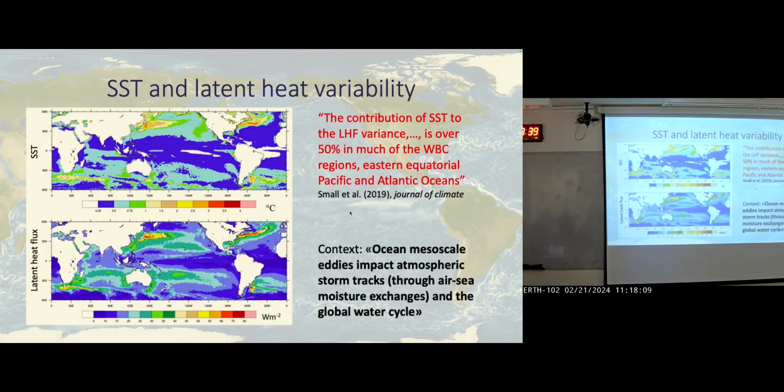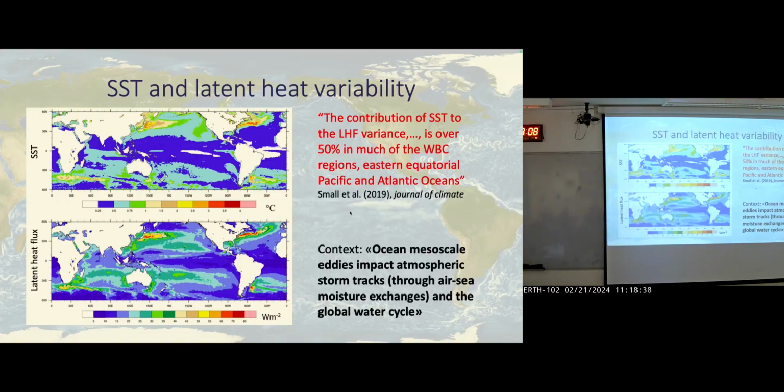In this context, I'm showing here the sea surface temperature variability, just month-to-month variability, the standard deviation of the monthly SST. And here is the latent heat flux variability, also month-to-month. What we can see is that these two are highly correlated, and this is also what was concluded in this specific paper.